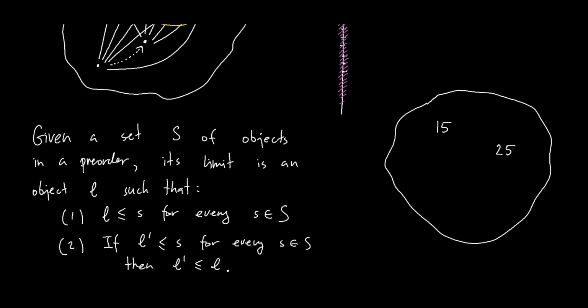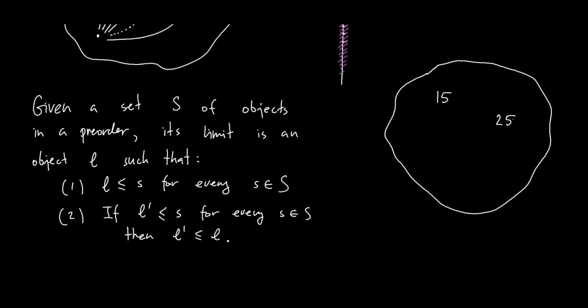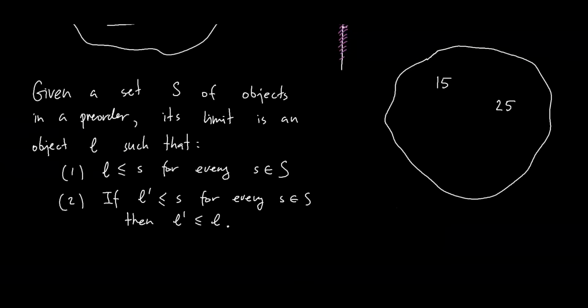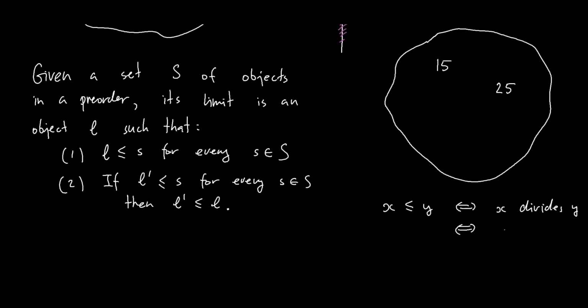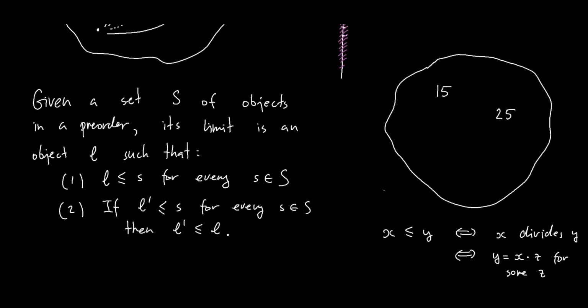And the relation is basically the relation divides. So x is less or equal to y when x divides y. In other words, when y is equal to x times z for some z. And here we are working inside the set of natural numbers.